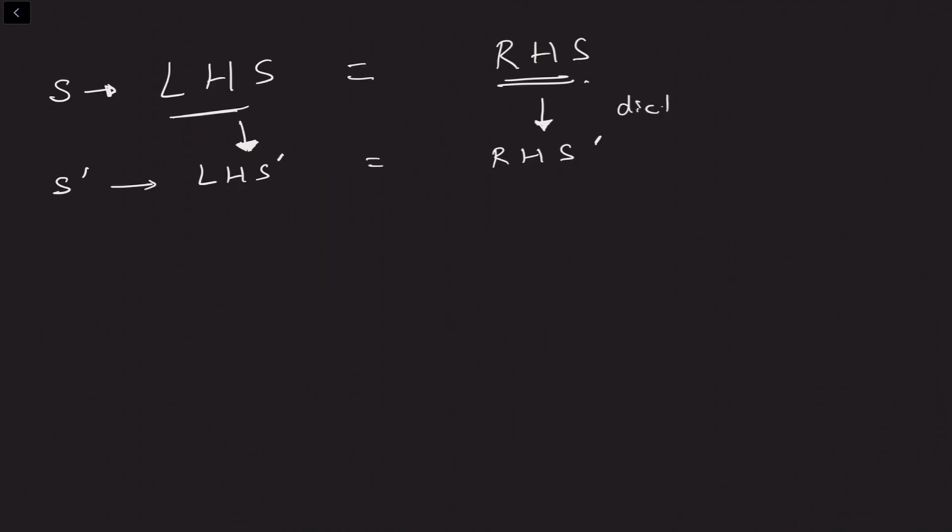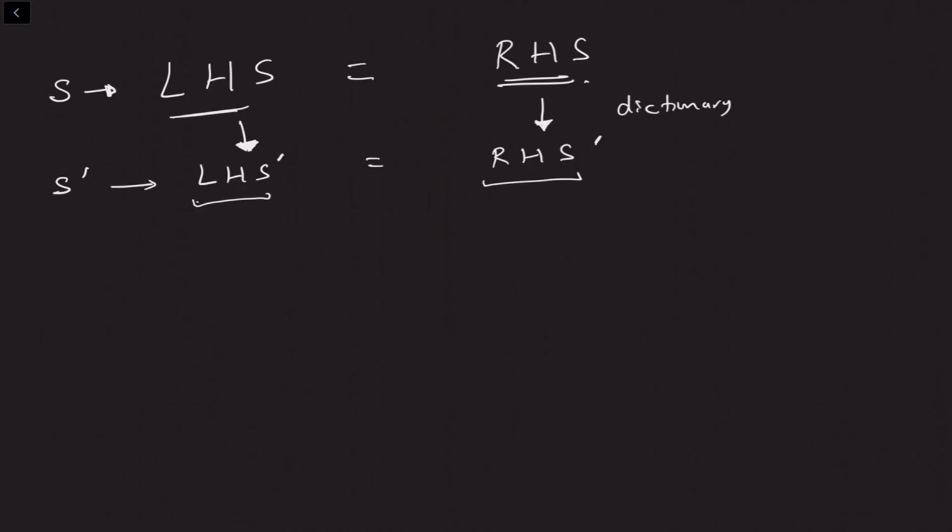My dictionary tells me how to relate the left-hand side of this equation to the left-hand side of the equation in frame S prime, and the right-hand side I can also transform into the right-hand side in frame S prime. The important point is that the form of the physical law should remain exactly the same.